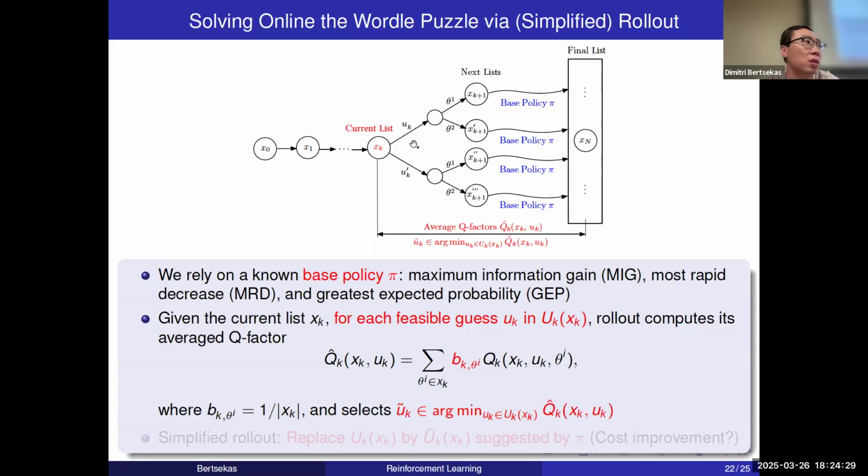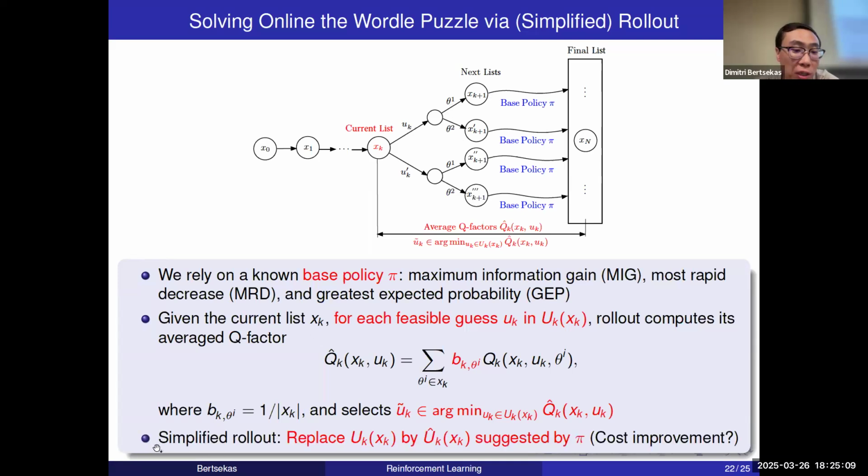So suppose either in the easy mode or in the challenging mode, the initial feasible number is 12,000, right? And for each of the 12,000, you simulate all the possible mystery words, which is 2,300. So in total, the number of simulations you need to run is 12,000 times 2,300, which is too many.